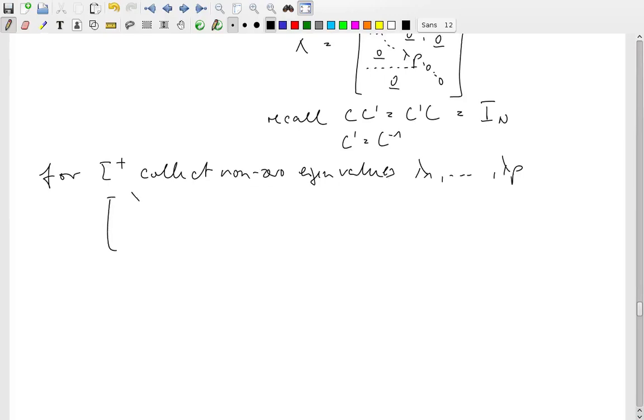So here comes lambda 1, lambda 2, lambda p. The remainder of the matrix is filled with zeros, so we call this diagonal matrix big lambda 1. And moreover, we collect the eigenvectors that correspond to those non-zero eigenvalues as well.